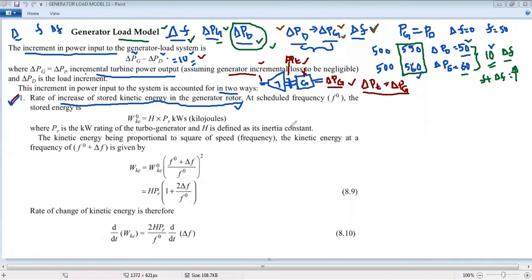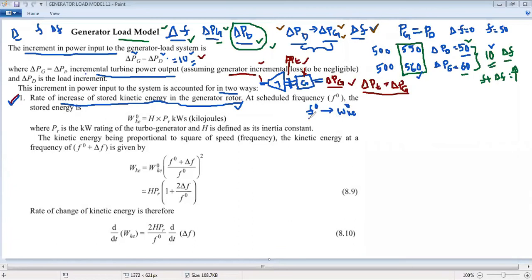We will consider here two cases. Without disturbance condition, let us consider the frequency is F0. When the system has frequency F0, the stored kinetic energy in the generator rotor is given by WKE naught.